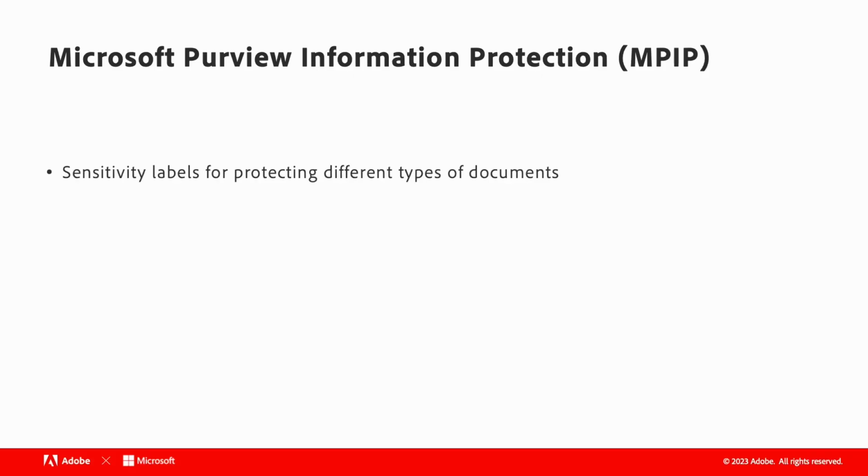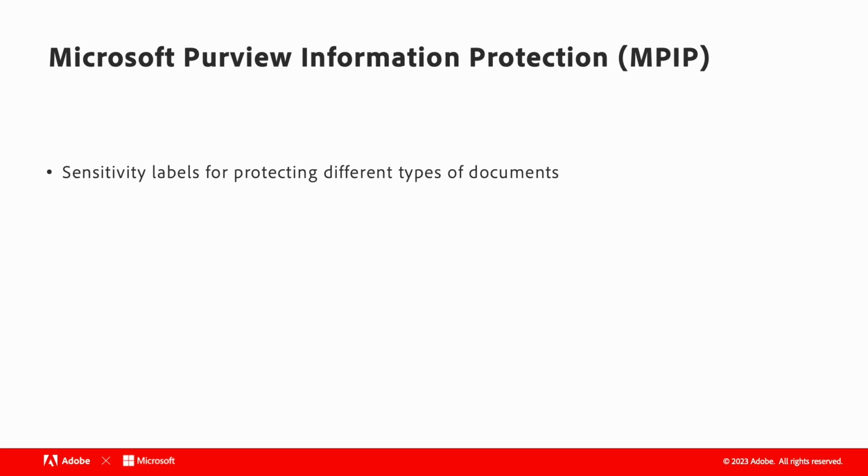But we need to think about what happens to those documents when they get beyond the walls of a OneDrive or a SharePoint, for example. And that's where we're going to focus today, applying protections at the document level. So we're ensured that wherever our document travels, we know that it's protected. We know that the controls that we apply for different types of documents for different groups within our companies are recognized and applied throughout the journey of each of these documents.